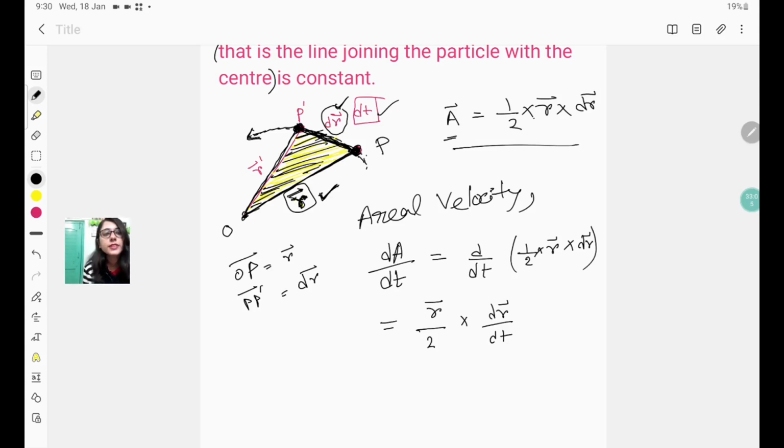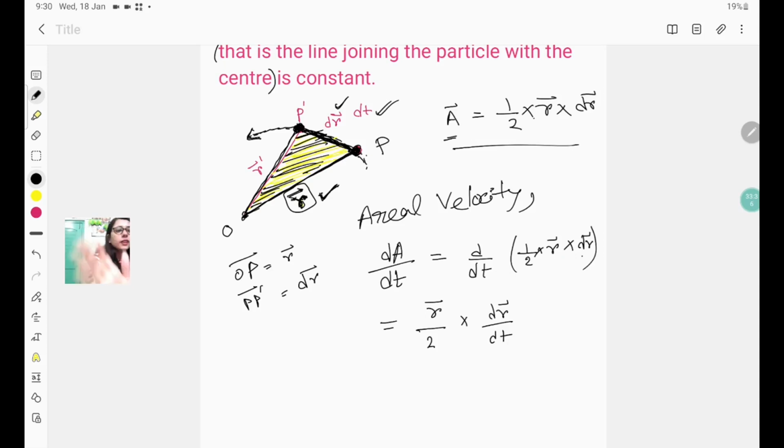The radius vector is variable here, so dr is dependent on dt: if dt increases a little bit, dr will also increase a little bit. That's why we are giving dr by dt. We are just taking the derivative of dr with respect to dt.